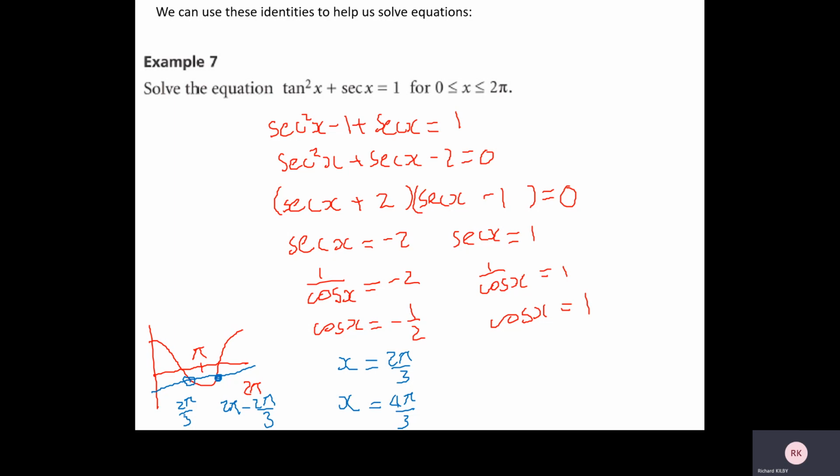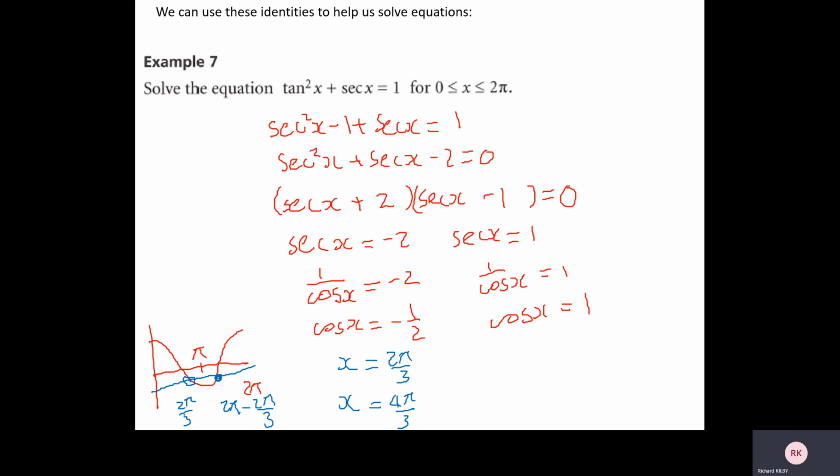This angle here is 2 pi over 3, which is going to be the same as this one here. So you do 2 pi take 2 pi over 3 to get this one. So you end up with the same angle of this diagram. Lovely. And then this one, let's do that in a different colour.